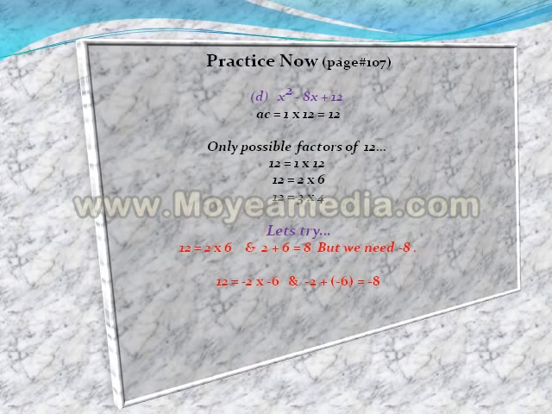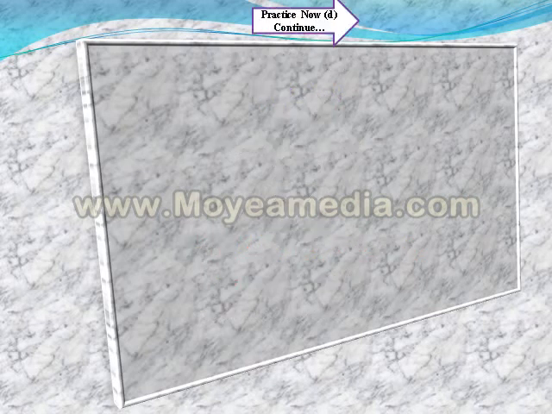Yes, that's what we're looking for, the product AC. Plus 12, fine. Now minus 6 and minus 2, when they're added, you get minus 8. So this is the required pair we are looking for, minus 2 and minus 6, not simply 2 and 6. So let's factorize it now.